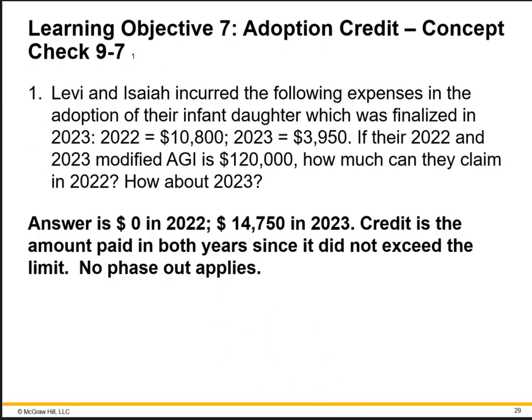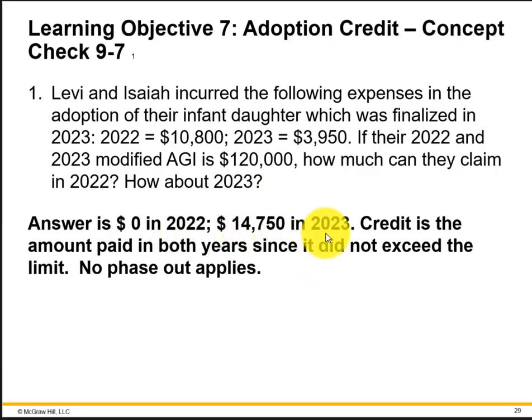So, example, Levi and Isaiah incurred the following expenses. The adoption of their infant daughter was finalized in 2023. 2022 is $10,800. 2023 is $39,550. So it's over 2 years, but they all get to be counted in the year it gets finalized. So 0 in 2022 because nothing's actually become final.